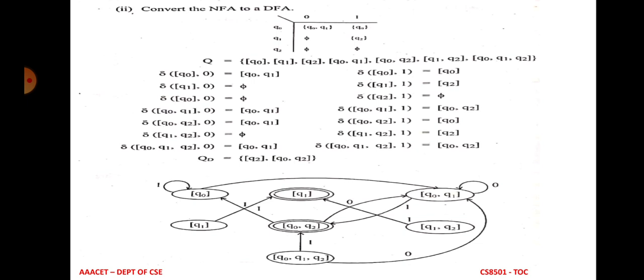Totally 8 subsets for this NFA. After that we draw the transition table, then construct the minimized transition table from the above transition table, and finally we can draw the DFA. So these are the normal steps in the subset construction method, and this is an example of closure under complementation.